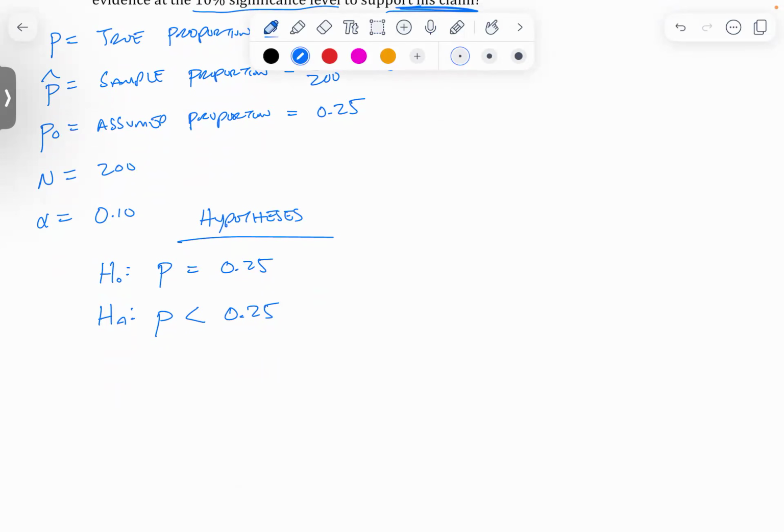That is typically how we write hypotheses, and that's how StatCrunch and almost every software out there presents hypotheses. But technically, there is a hidden null hypothesis that actually says this: p greater than or equal to 0.25, because this has to cover all the values from 0 to 1. P less than 0.25 covers 0 to 0.25. Then the null can't just be 0.25.